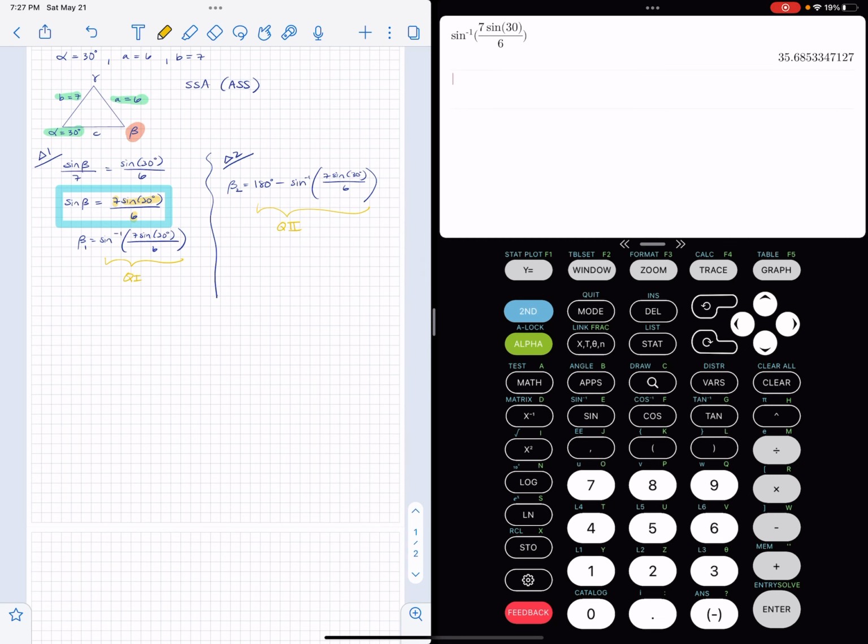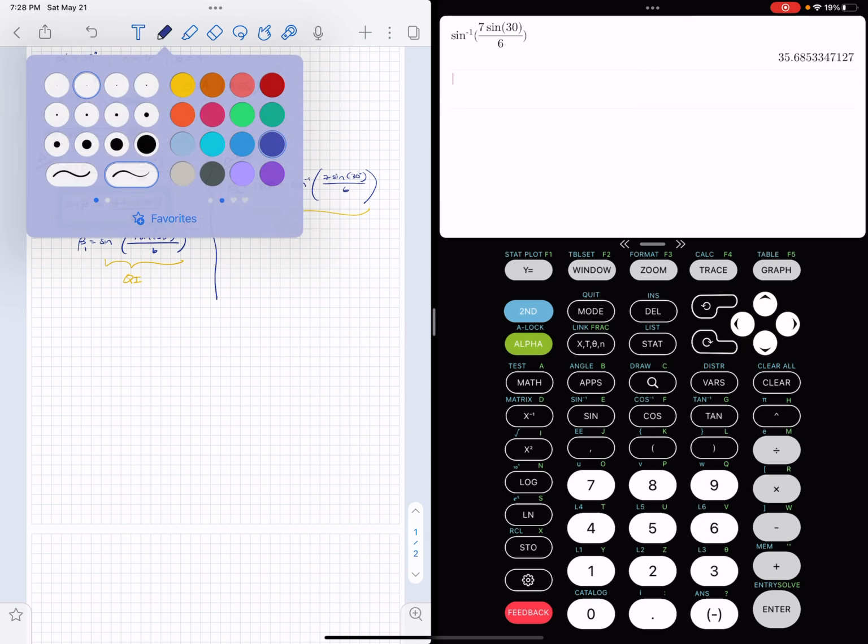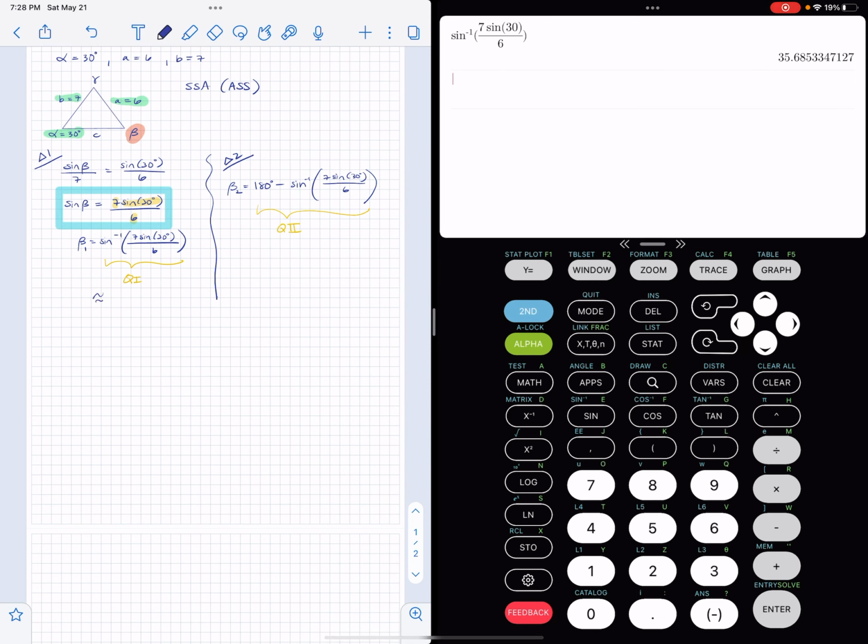That ends up being approximately 35.685 degrees. If I store that angle under B, then we can do 180 minus that angle stored in B.